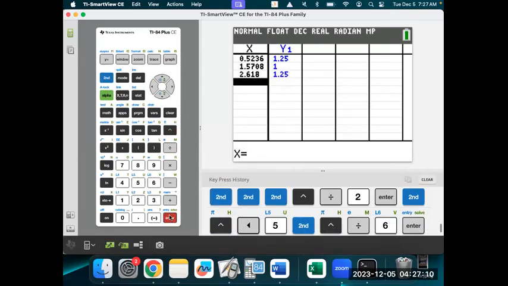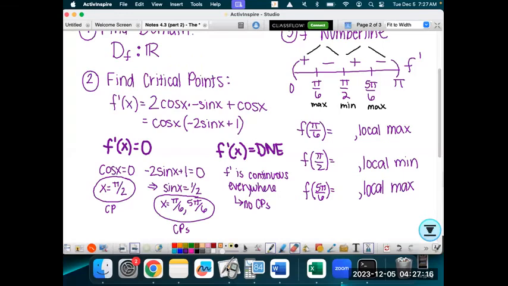Okay, so it looks like we have 1.25 as the 2 local maxes and then 1 as our local min. And then we were also asked for our increasing and decreasing intervals.